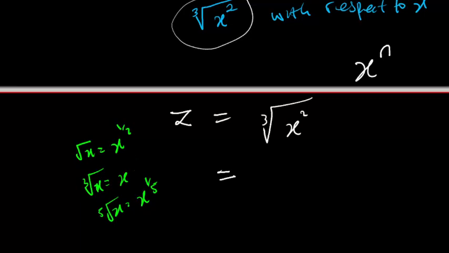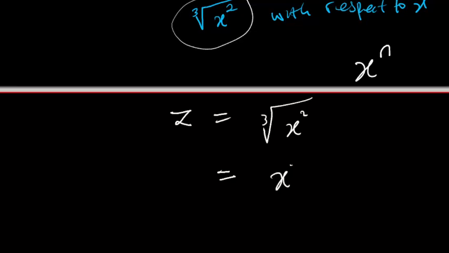So we can use the same concept here. In order for it to look like our standard, write x raised to power 2, all raised to power 1/3. And that is x raised to power 2/3.